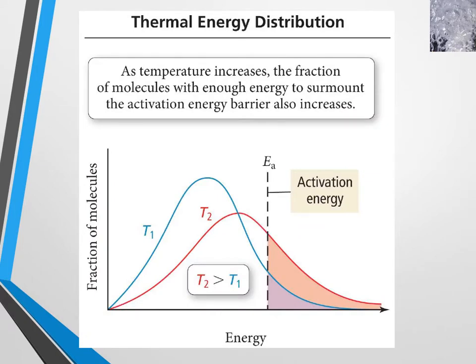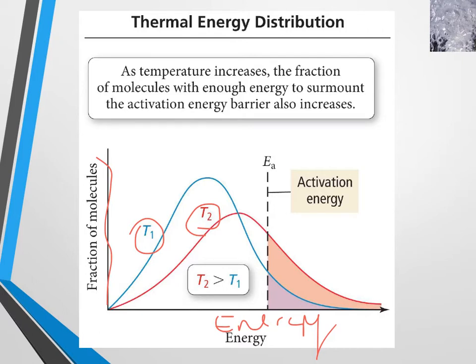One more graph to interpret. This graph has energy along the x-axis, which makes it a little bit counterintuitive, at least for me, and number of molecules or fraction of molecules along the y-axis. And so this type of graph is used to show the effect of temperature on the fraction of molecules that have adequate energy to undergo reaction.